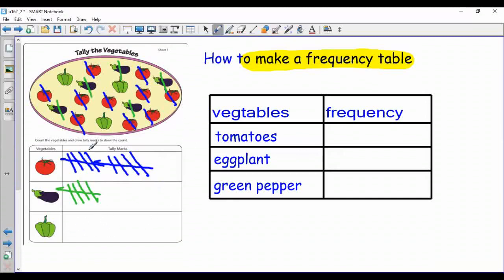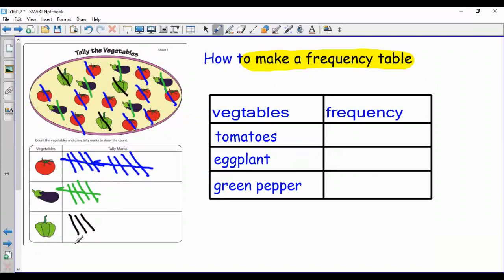What about the green pepper? One here, one here, one here. So I have 3 green peppers. This is called a tally chart for this group of vegetables.